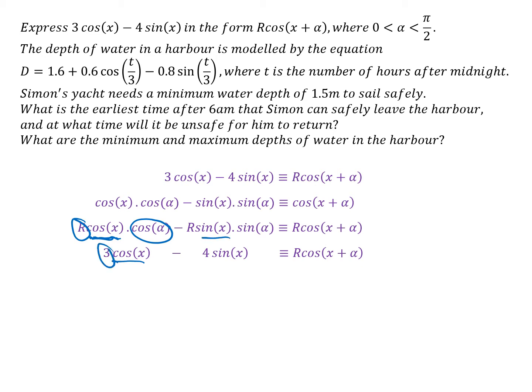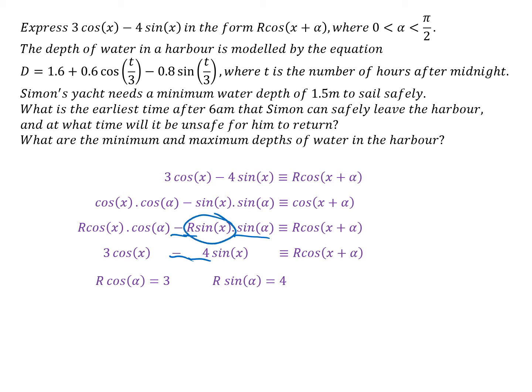The multiple of sin x here is minus r sin alpha, and the multiple of sin x here is minus 4. So therefore r cos alpha must equal 3, because they're both the coefficients of cos x in these two identities. And r sin alpha must be equal to 4. I've taken the minuses into account on both sides, because they're the coefficients of sin x.